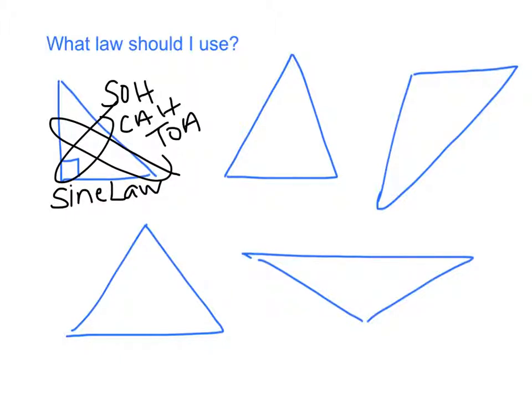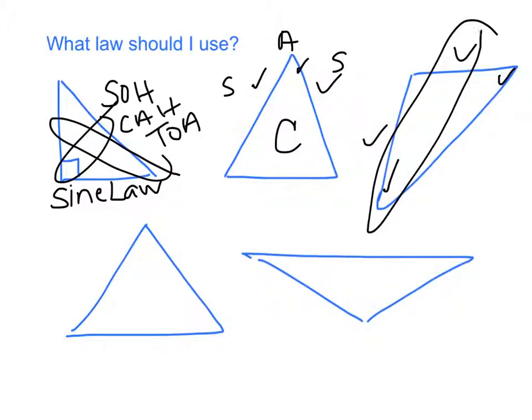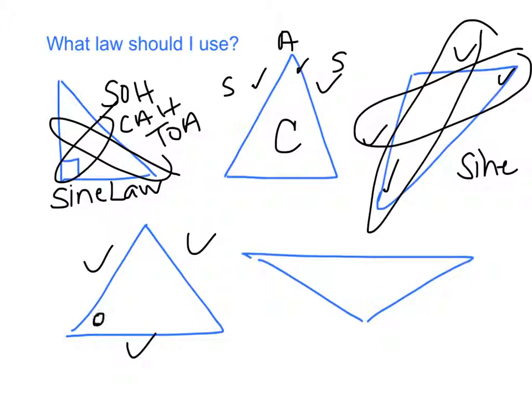So if you have these three things, a side, an angle, and a side, that would be cosine law. All right, if you have two things that you can put in loops, what law is that? Sine law. If you have three sides and you have to find an angle, what law is that?